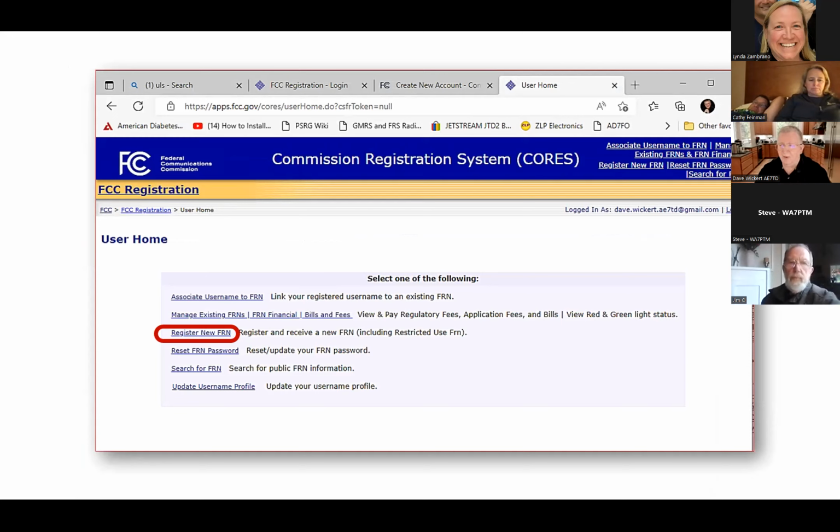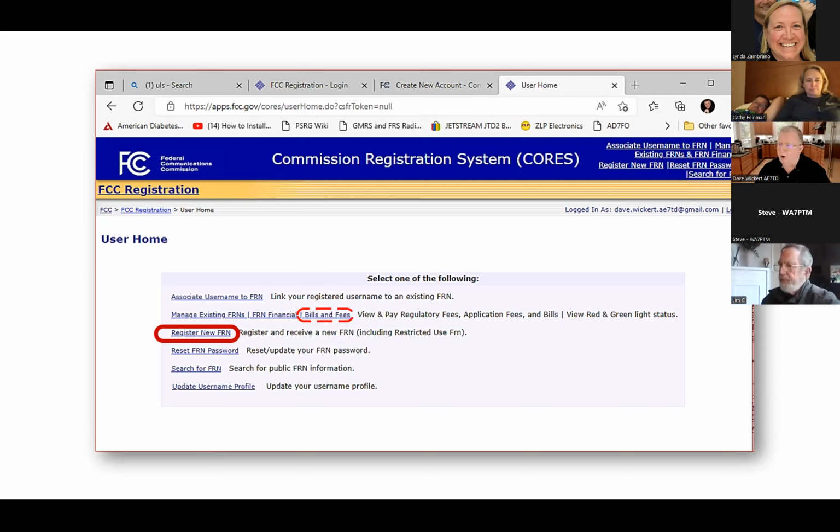And it doesn't seem that straightforward, but you want to click on the third option down that says register a new FRN. That's what you want to click on to get started to get the FRN number.